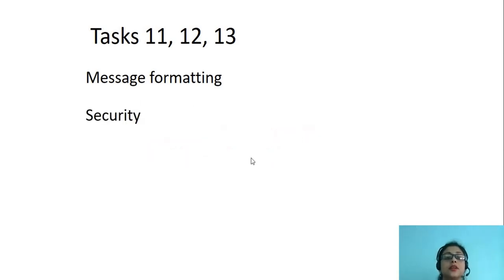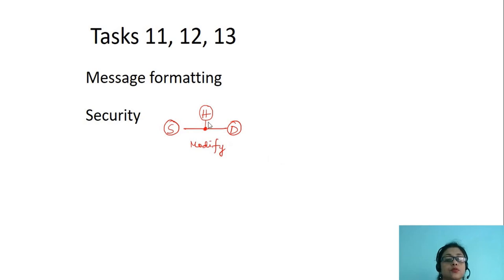Next task is security. During passage of data from one station to another, there is a sending station and a destination station. In between the two, there may be a third party, which is a hacker. So this hacker can tap the data being transmitted between the source and the destination and can modify the data.